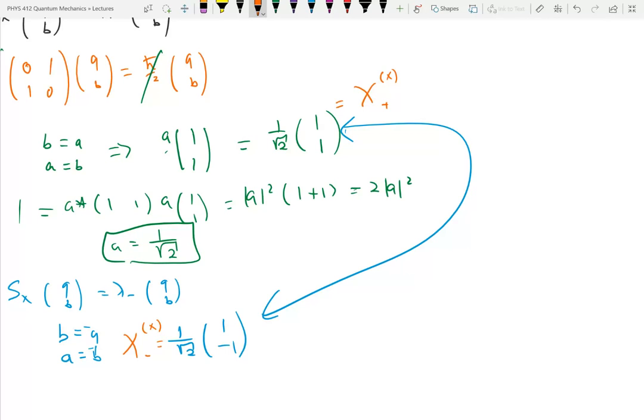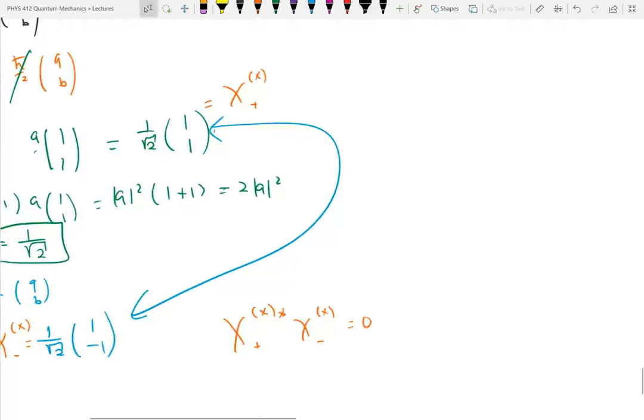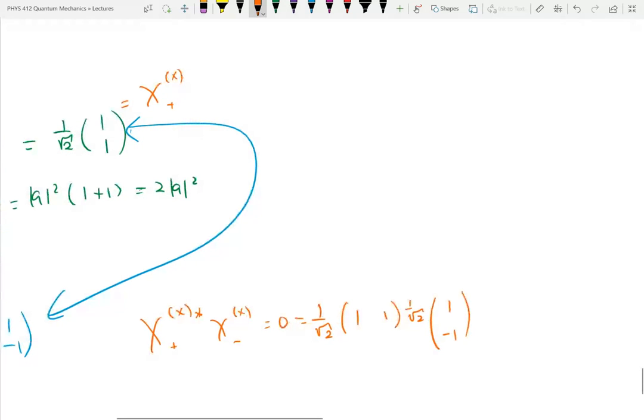Parenthesis x, parenthesis y is the spinors for x or for y. And so we should have, and so we do that by putting, and sure enough, they're orthogonal.